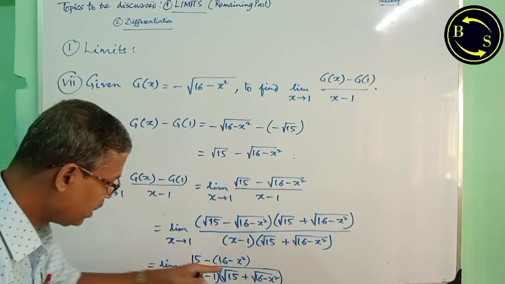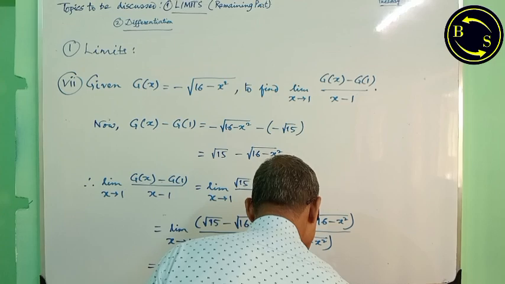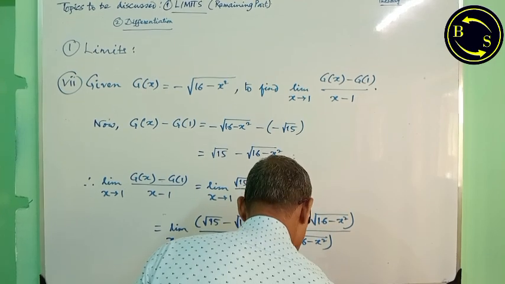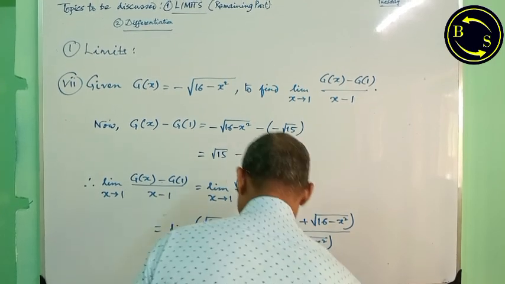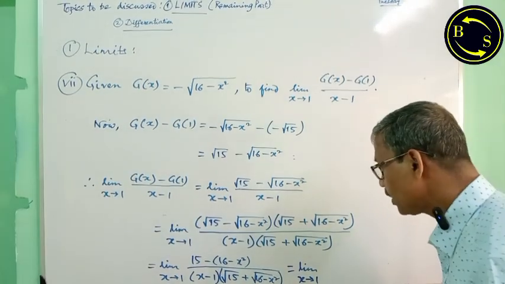What do we get? x square minus 1. x square minus 1 means we can write x plus 1 into x minus 1.